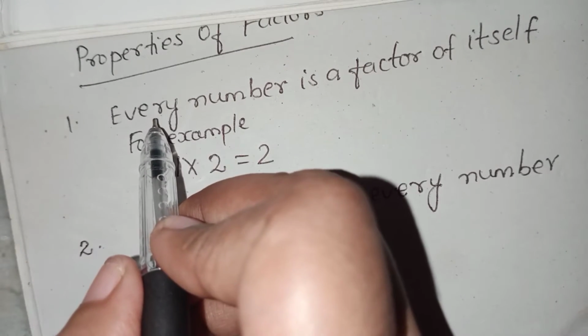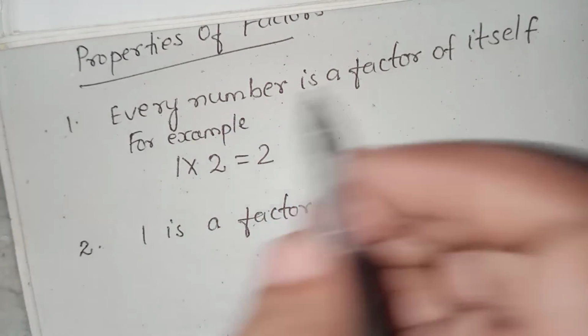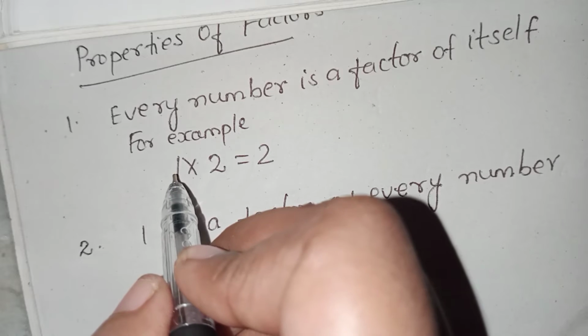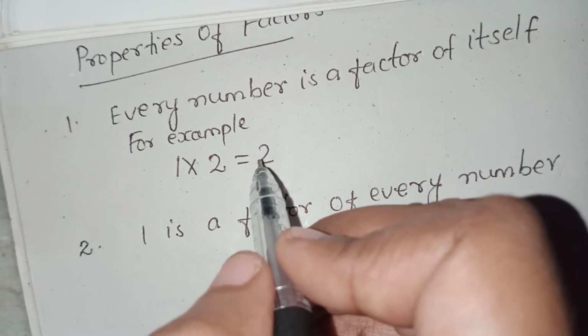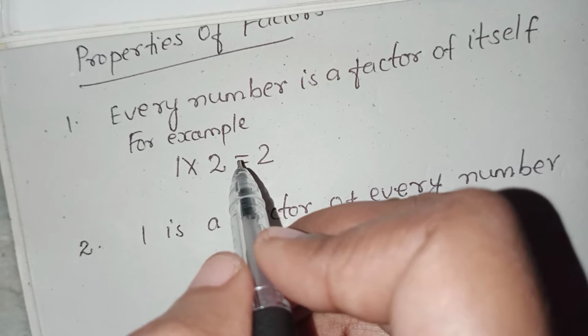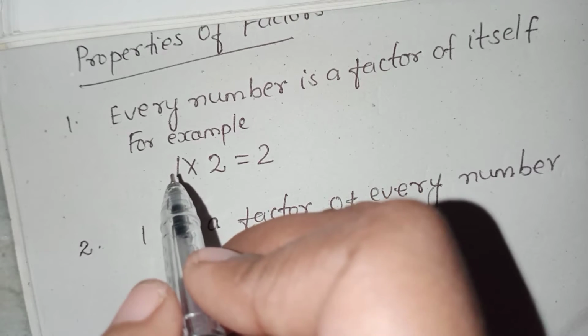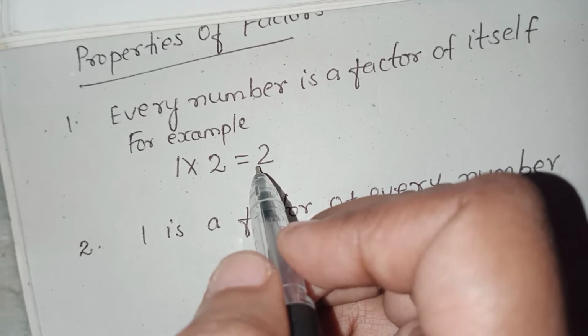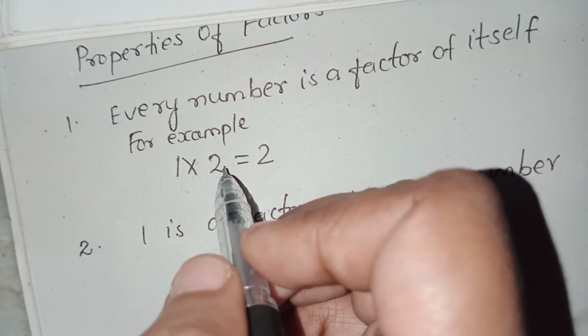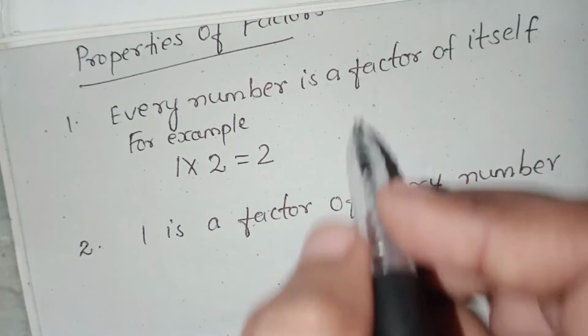So what is written here? Every number is a factor of itself. That means when I multiplied 1 into 2, I got 2. So this 2 came when I multiplied this 1 into 2. That means 1 is the factor of 2 and 2 is also the factor of 2. That means 2 comes in its own table also. So every number is a factor of itself.